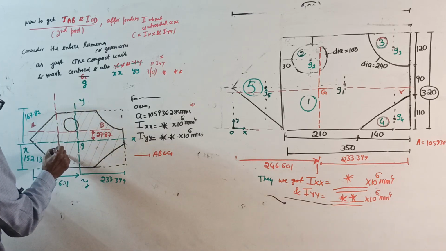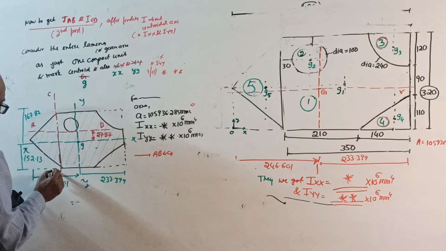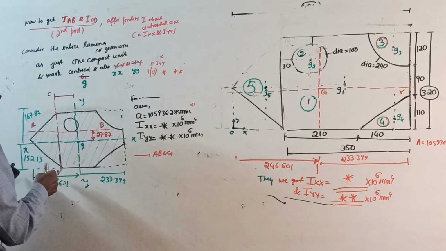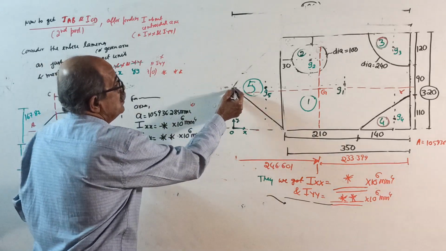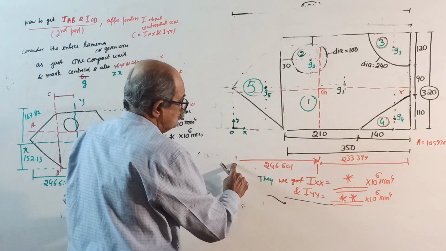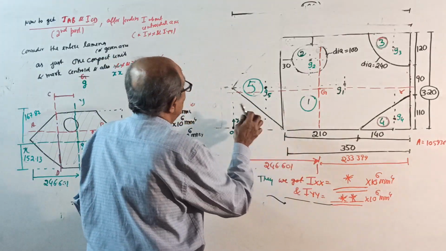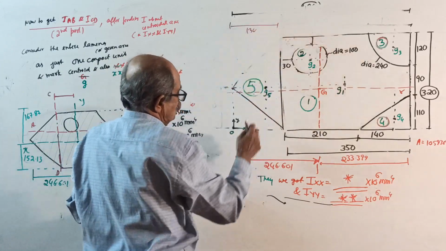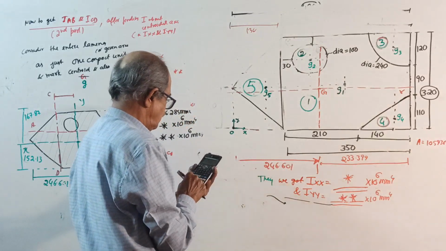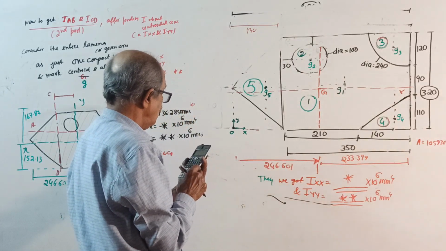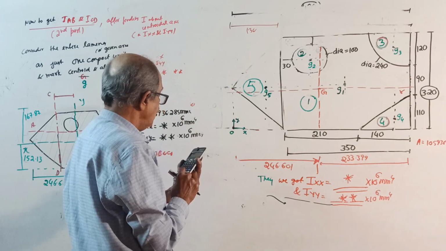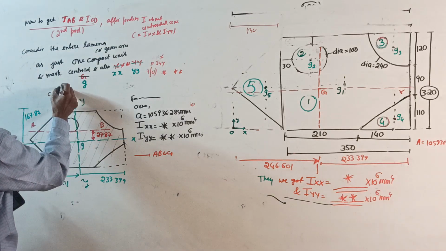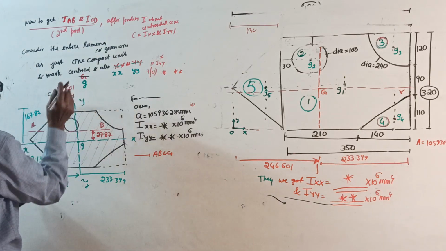And the other axis is CD here. Mark what is this distance. That distance, from here to YY, is 246.601. From here to here, if you remember, it was 130 there. So 246.601 minus 130 is 116.601 millimeter.